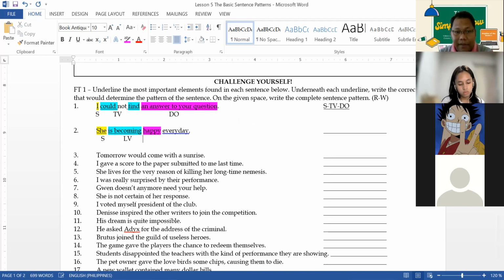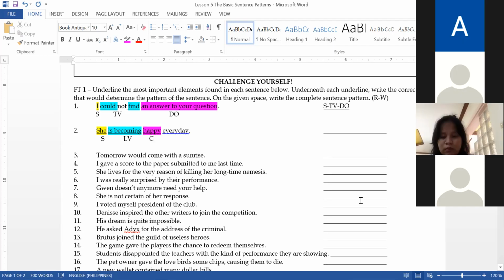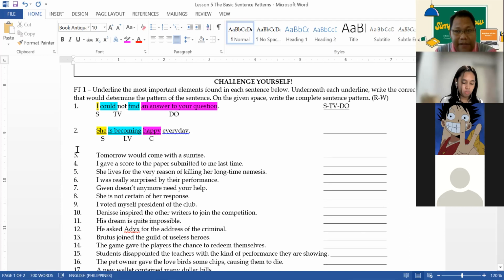And then happy is your complement. Can she be the one who is becoming happy? Yes. Can the one who is becoming happy be this person represented by the pronoun she? The answer is another yes. And so our sentence pattern here is SLVC.